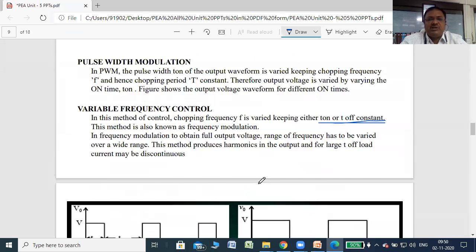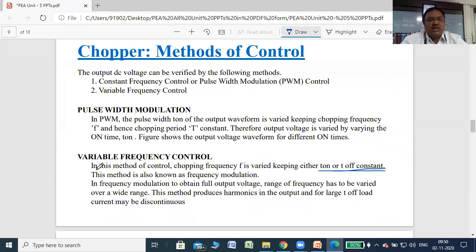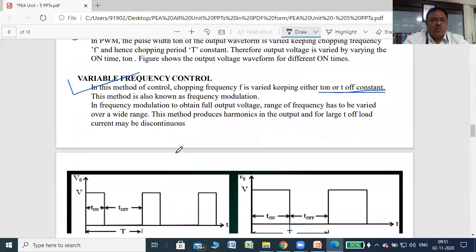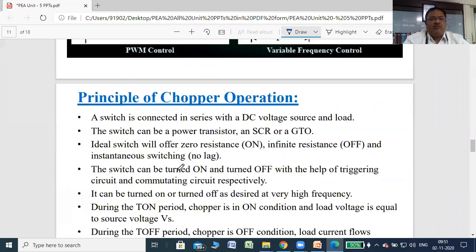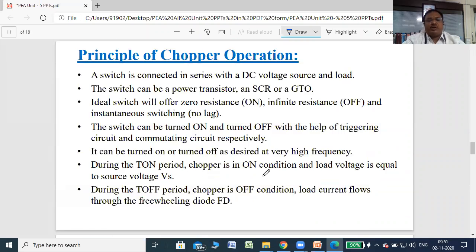It means the frequency is changing. So this is another method called variable frequency control, and the other one is the pulse width modulation technique. We have already seen the pulse width modulation technique in a previous unit. So we'll go to the principle of chopper operation, right?